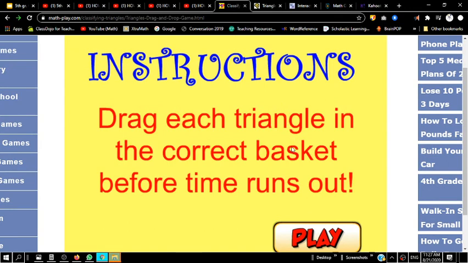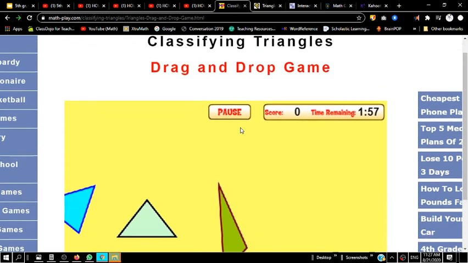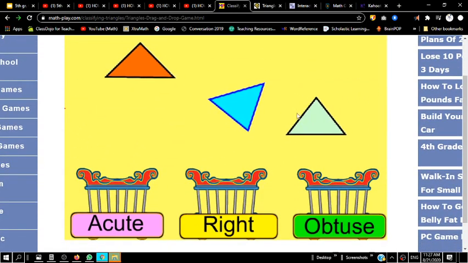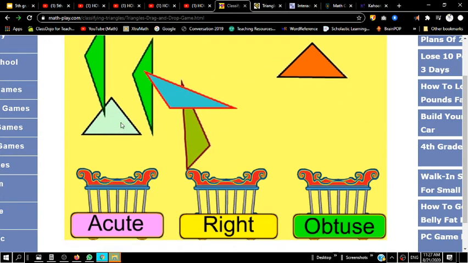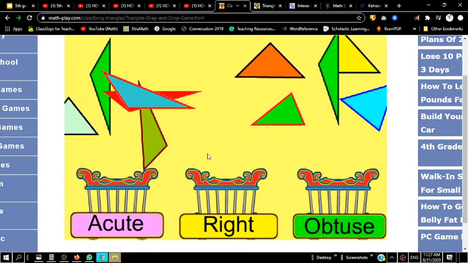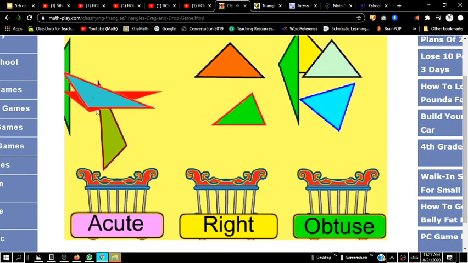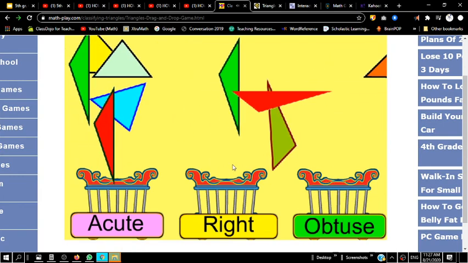There's also this game right here where you have to drag each triangle in the correct basket before time runs out. So here we have acute. Where are my acute triangles? Here's one. A right triangle. Oh, is that one? Right there. Obtuse. I see an obtuse triangle right there.